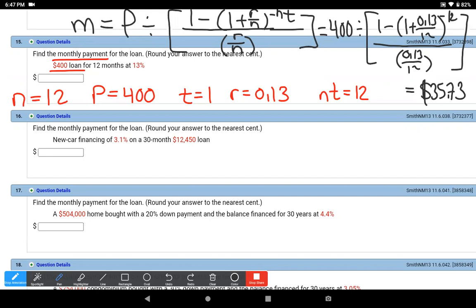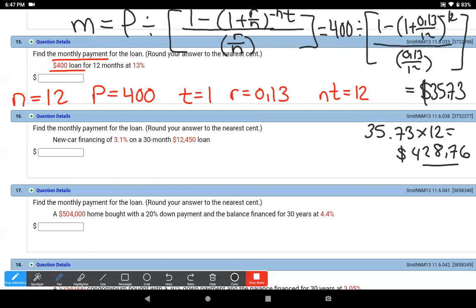And like I said, I get the value 35.73. And just to double check, would this make sense, right? 35.73 times 12 would give us a total of $420.76.